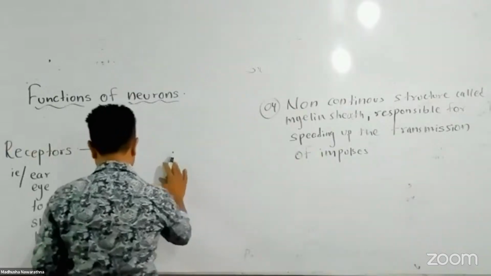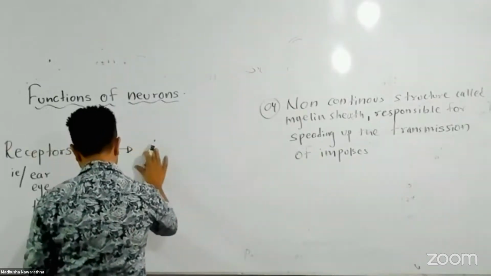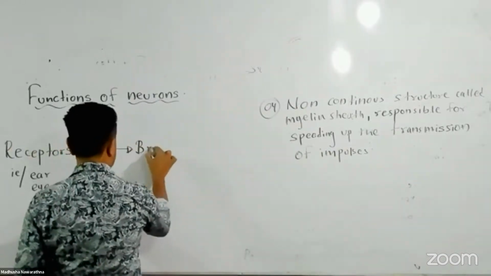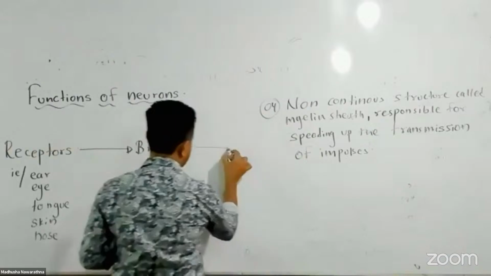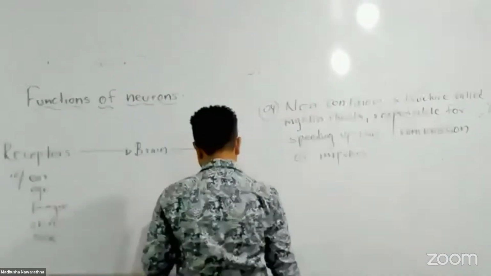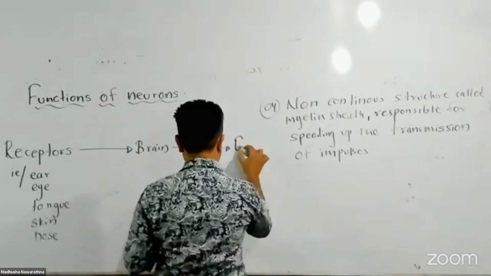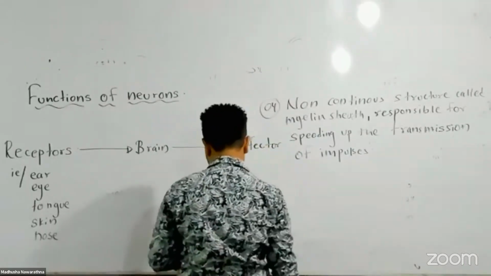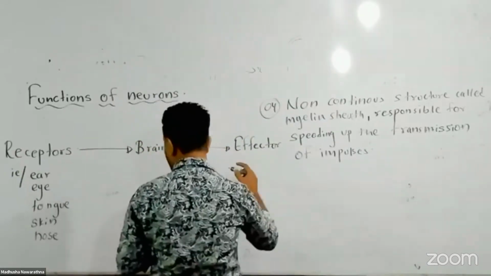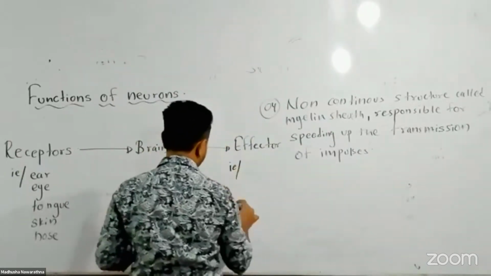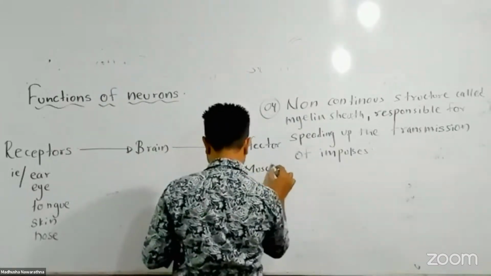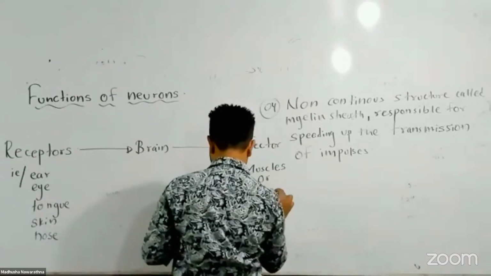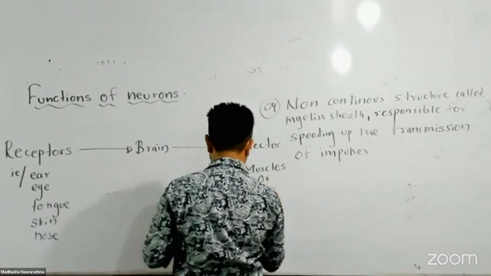Right? And then this information is transferred to the brain, and then back to the effector. The signal is passed to the effector. Example: muscle, sore, another neuron.